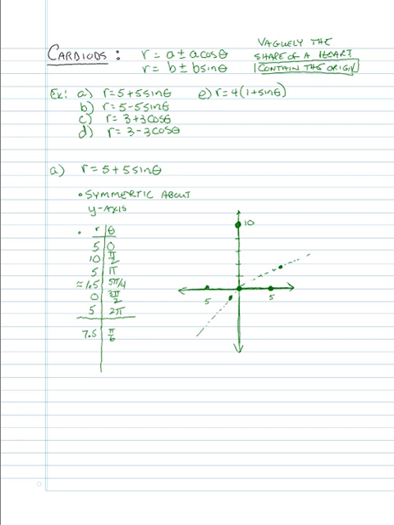And then we could try pi over 3. Well, if theta is pi over 3, then the sine of pi over 3 is the square root of 3 over 2. Oh, we're going to have to calculate here for a moment. Well, if we do all of our calculations, we get roughly 9.5, just approximately 9.5.